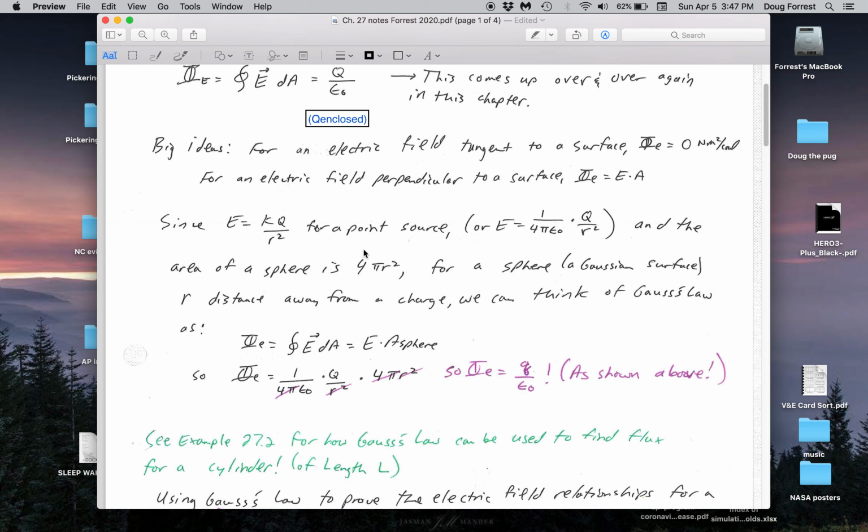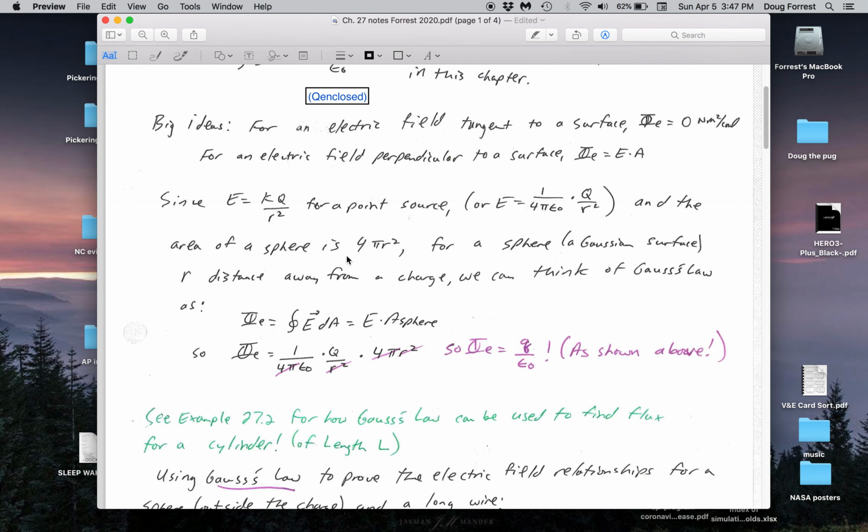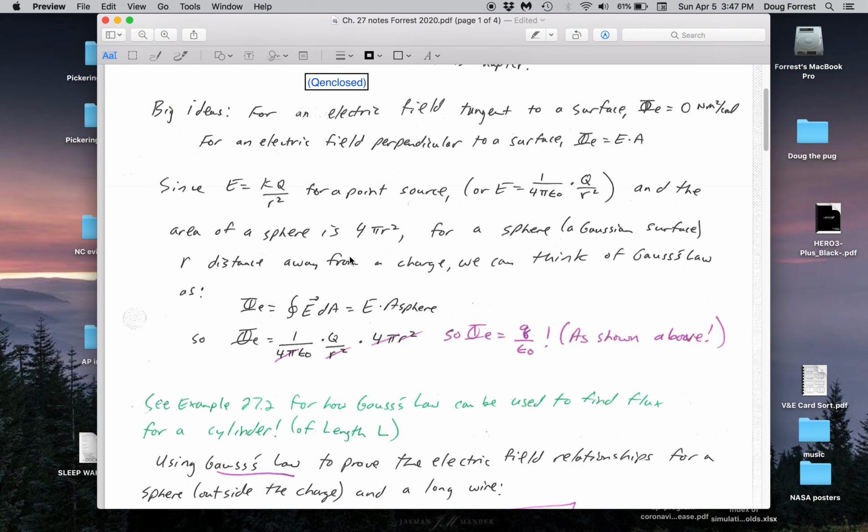So again, since we have something like this for a point source or for a sphere, and the area of a sphere is 4 pi r squared, we can think of Gauss's law like this, since it's equal to that electric field strength times the area. That's K Q over r squared, multiplied by the area of a sphere.